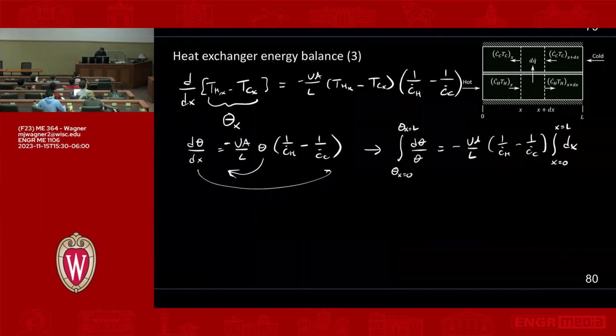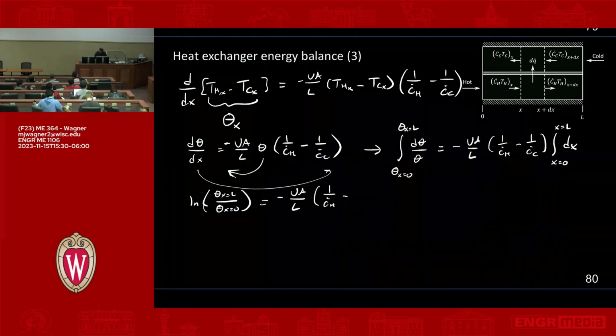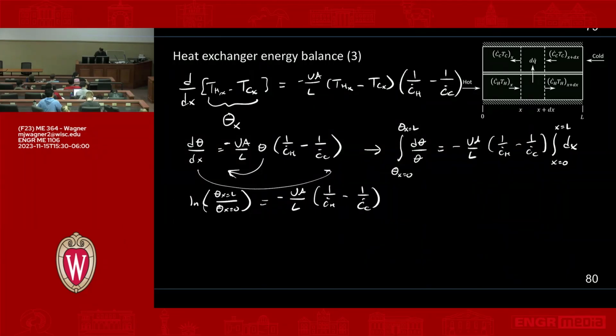So that becomes the log of theta at x equals L over theta at x equals 0 is equal to minus UA over L times 1 over C dot h minus 1 over C dot c. The integral of dx from x equals 0 to L is just L. Okay, so the L's cancel out on the right-hand side.